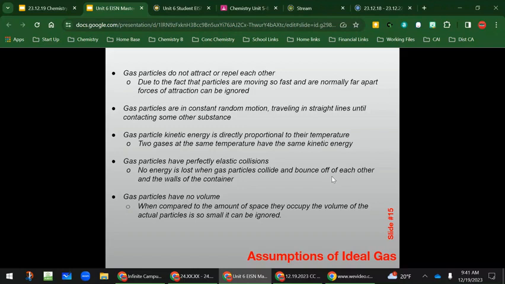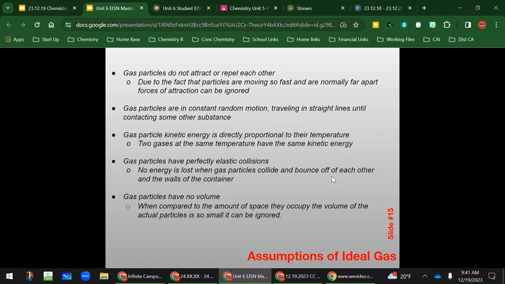And we know that gas particles are already moving fast. So because they're moving fast, even if they do manage to hit each other, they will bounce off each other. So we can assume that gas particles do not attract or repel each other.